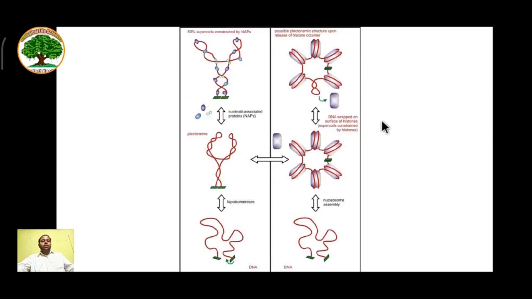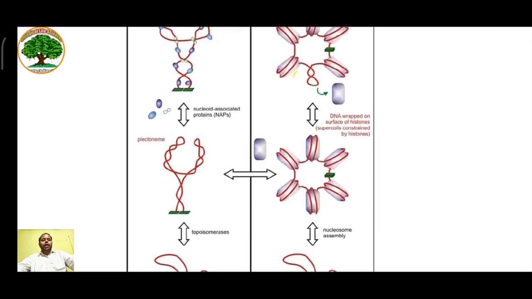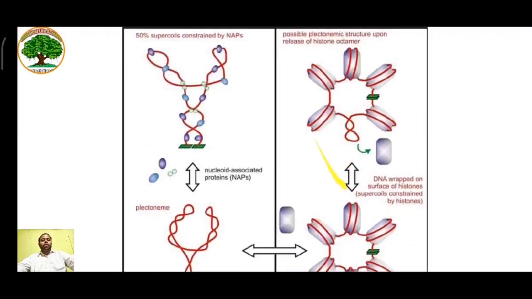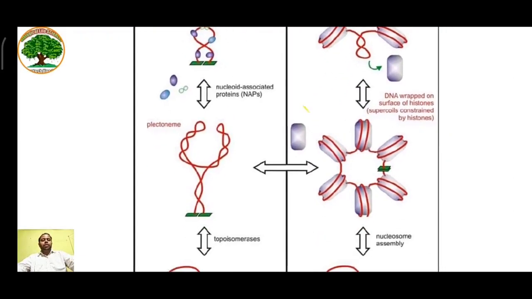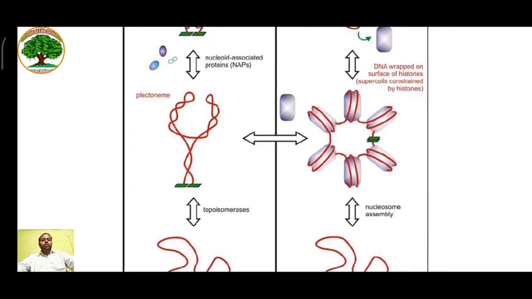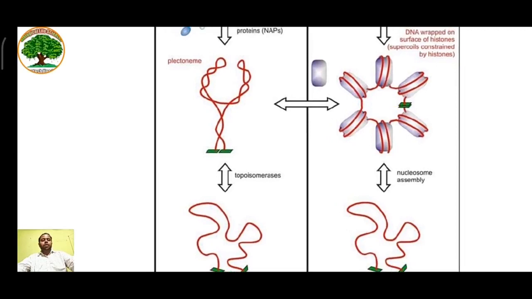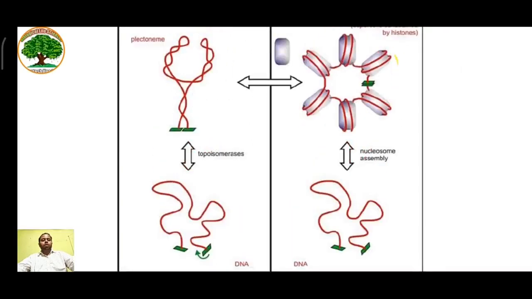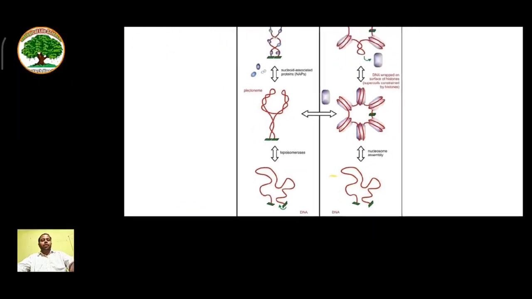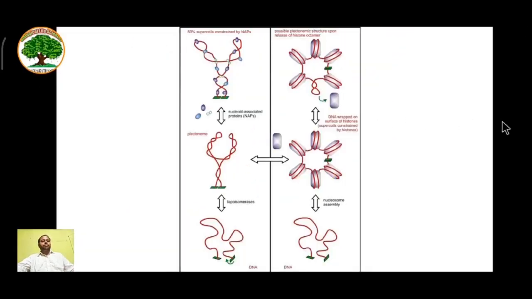You can see here in this diagram how the supercoiling is occurring and how it is cut by the different enzymes and released. Here the cut is made to release it, then topoisomerase introduces the negative supercoil, thereby loosening the DNA.